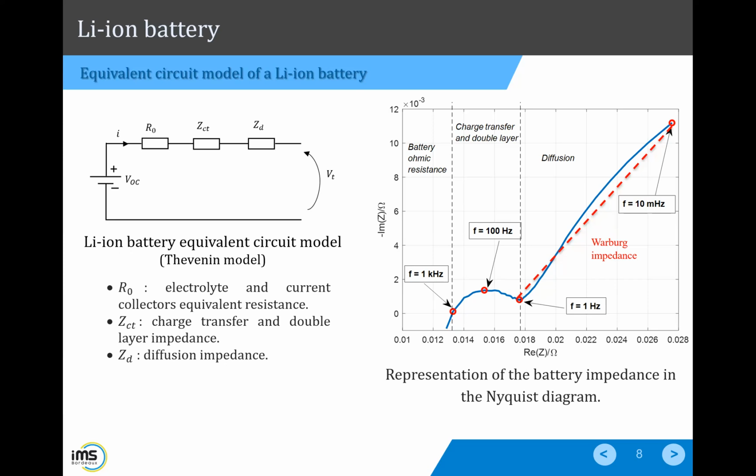For the high frequencies, the most apparent phenomenon is the battery ohmic behavior. For the middle frequencies, the most apparent phenomena are the charge transfer and double layer, and the diffusion is apparent in the low frequencies. Generally, the diffusion is characterized by the Warburg impedance, which is one of the solutions of the Fick laws.